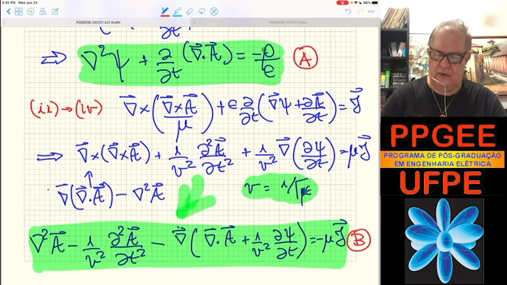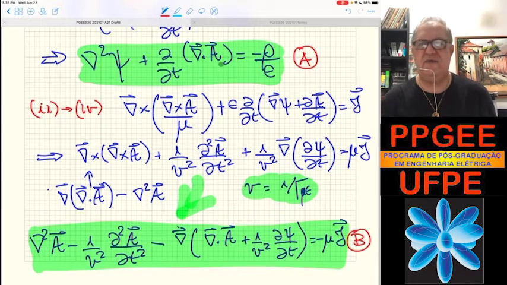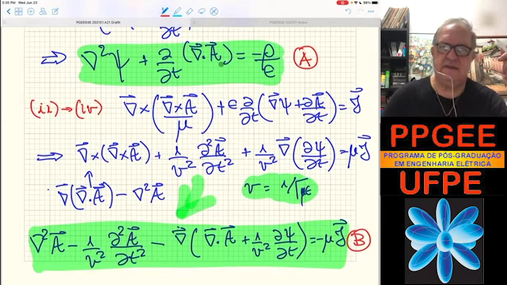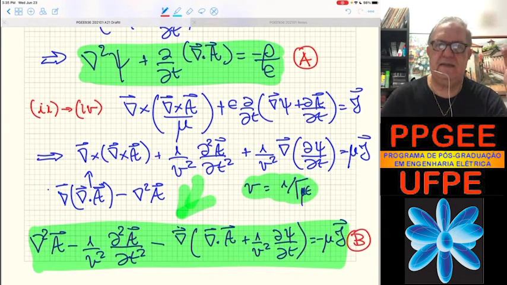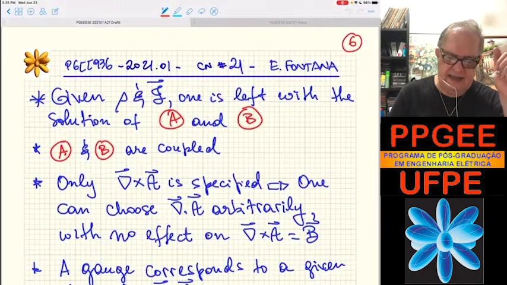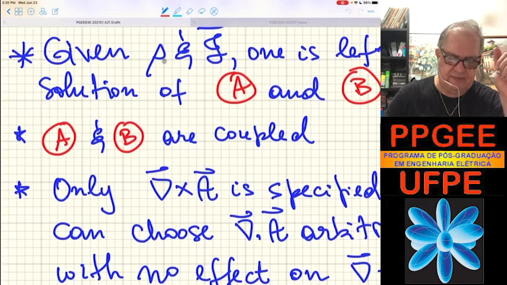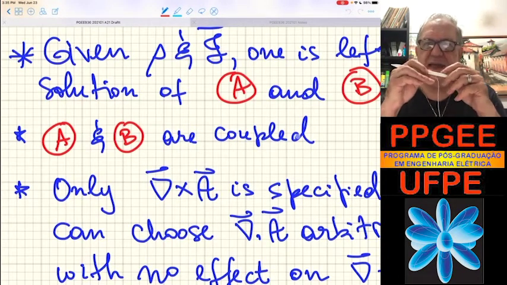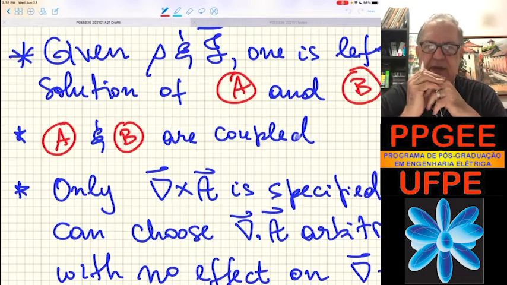Given rho and J, we have to solve these two differential equations to find the psi function, the scalar potential, and A, which is the vector potential, right? The only problem is that those equations are coupled. It would be nice to solve them separately, to decouple them, okay?